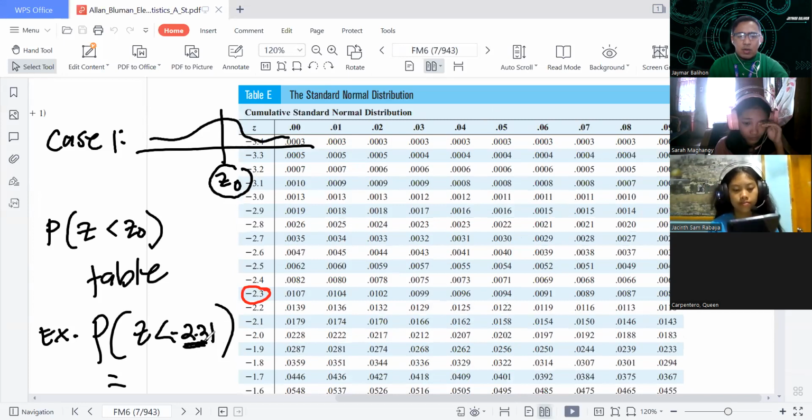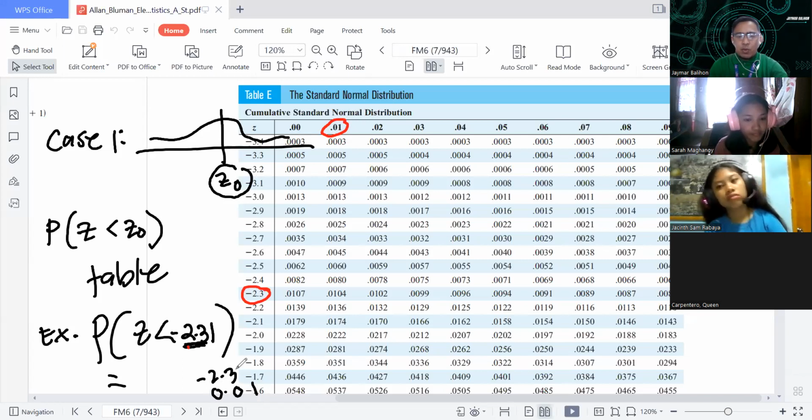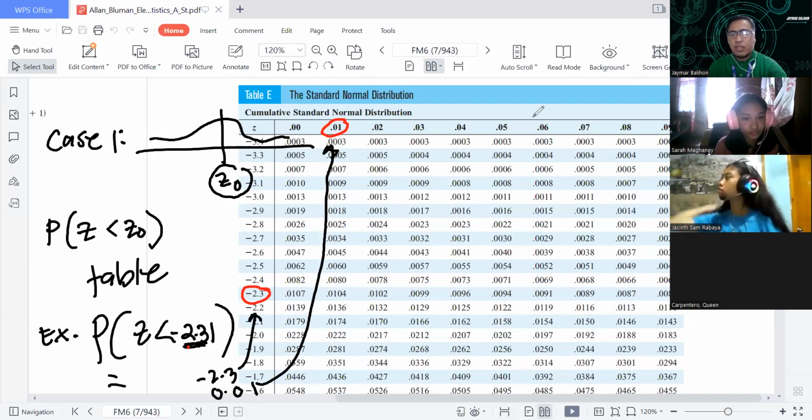And next, what it lacks is the 0.01, because you already have negative 2.3. What it lacks to make negative 2.31 is the 0.01. So you will look for negative 2.3 here and negative 0.01 here. Understood?